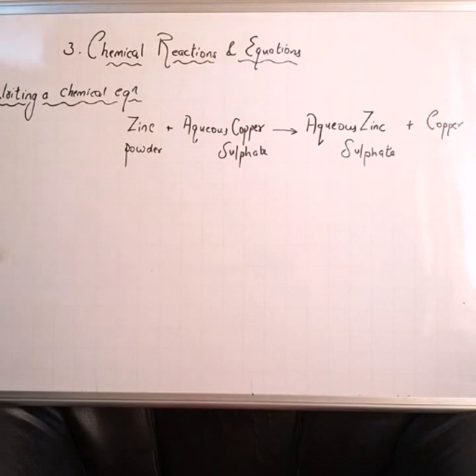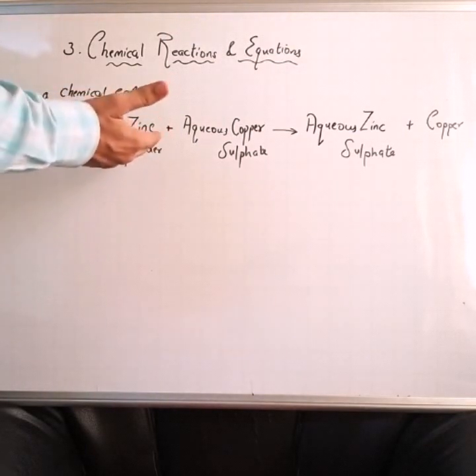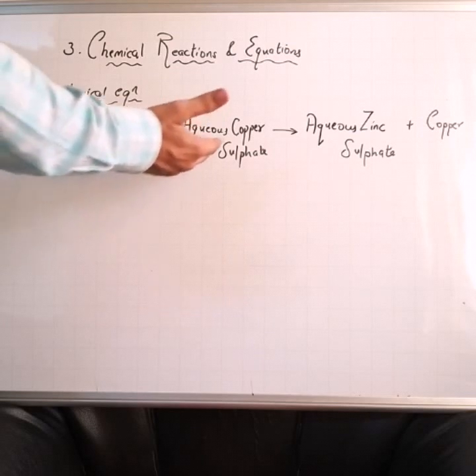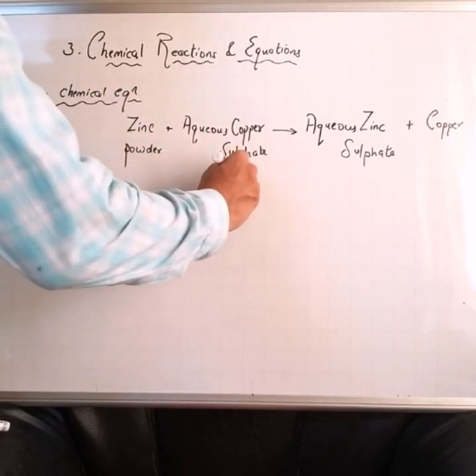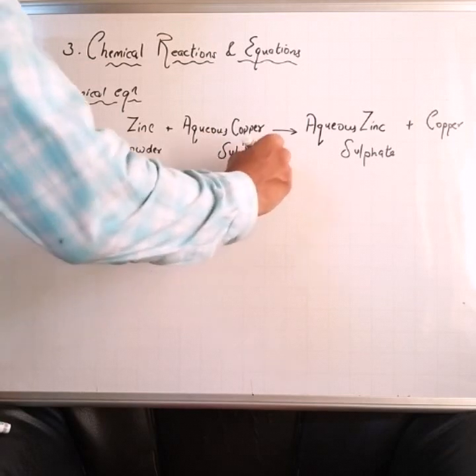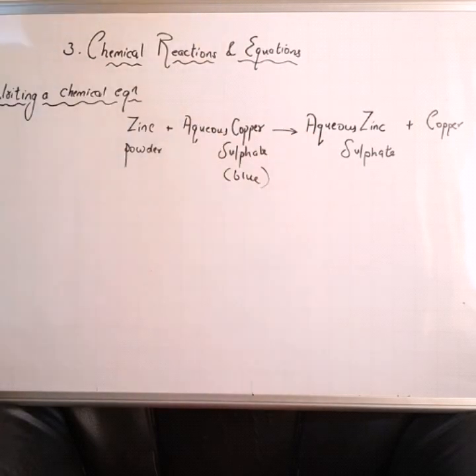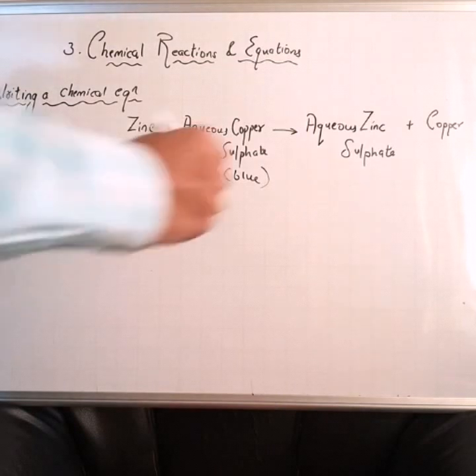Now here what is the reaction? We have solid zinc powder which is added to aqueous copper sulfate. The color of the aqueous copper sulfate solution was blue. When the chemical reaction takes place, it turns into aqueous zinc sulfate, which is colorless.